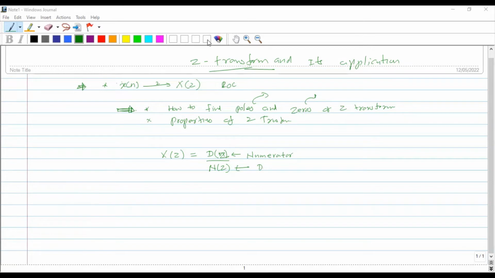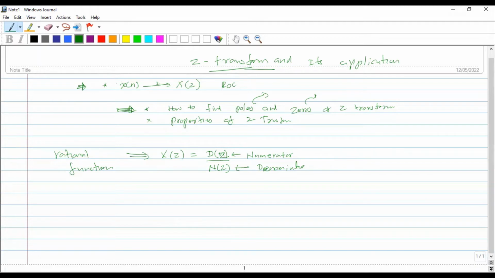So if we consider a Z transform of a time series, most probably it is a ratio. It is a rational function, and it has a numerator and a denominator, like this.